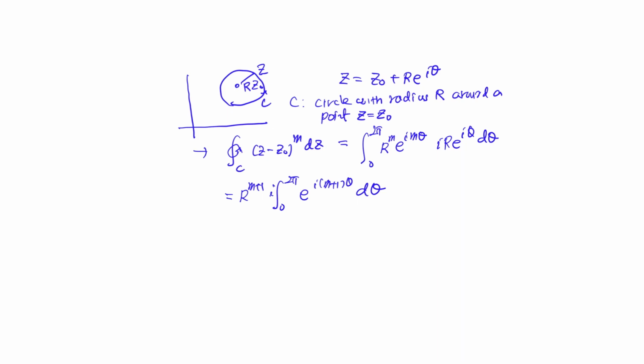Then the result will be the same, right? This integral is 2 pi i when m is equal to minus 1, otherwise 0, right? So it's going to be 2 pi i times delta m, minus 1.